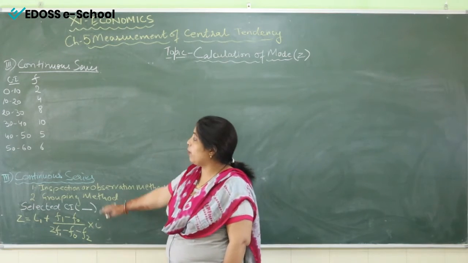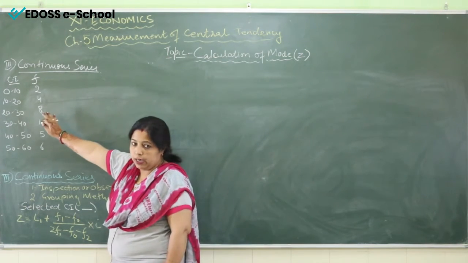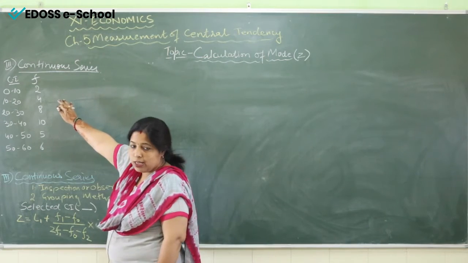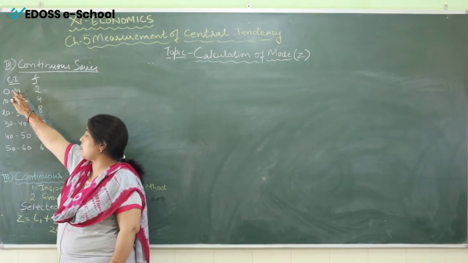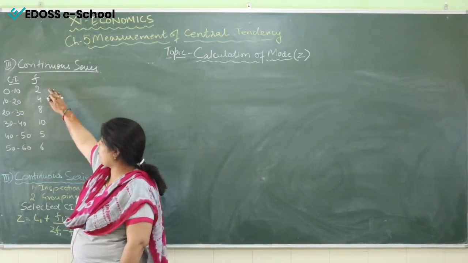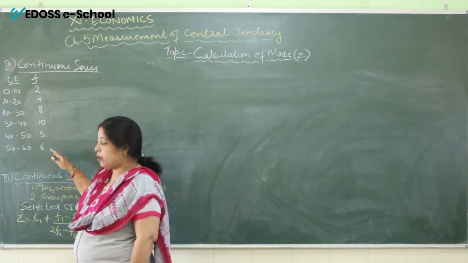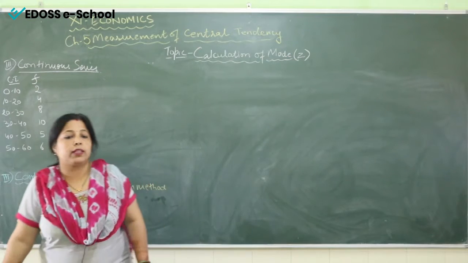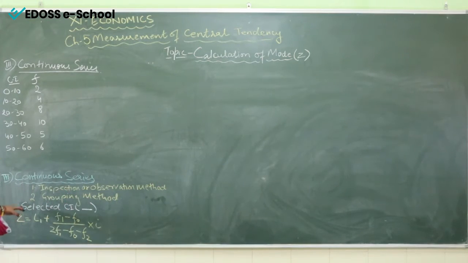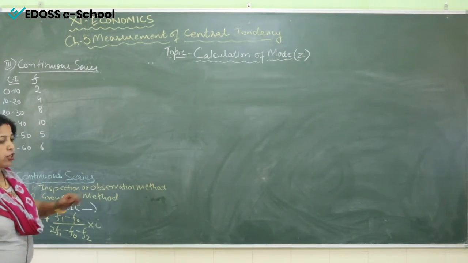And now what we are going to do is take one numerical of continuous series, and as you all know, in continuous series Ci is given and F is given, and we are going to solve this sum with the methods given below. So first, inspection method.